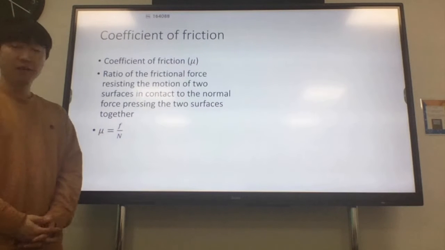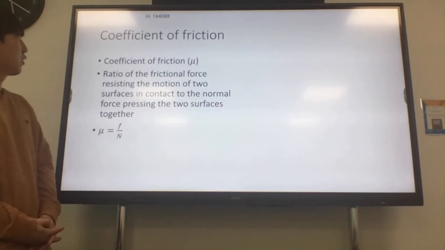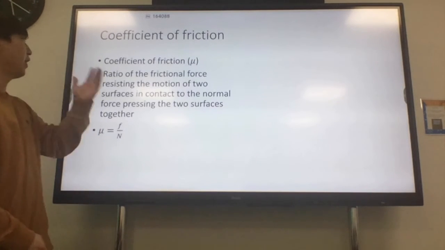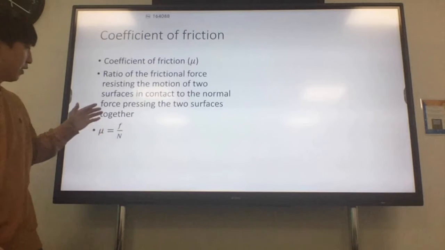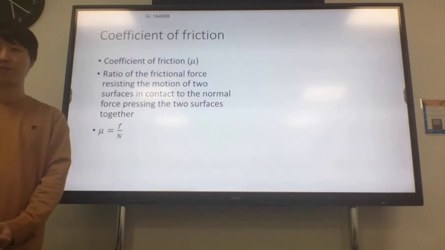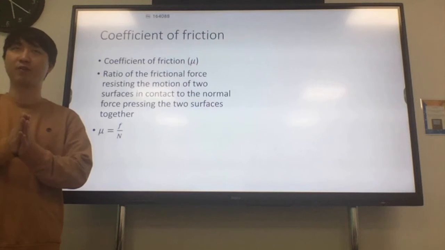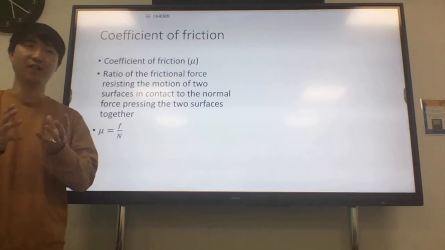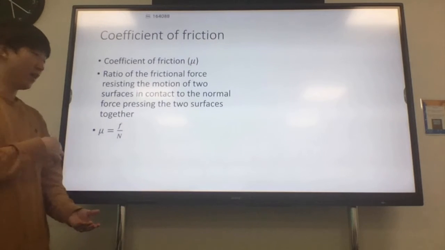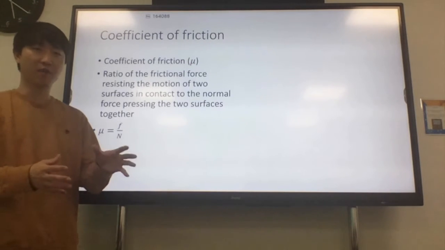All right. Let me tell you more about the coefficient of friction. Technically, it is the ratio between friction force and normal force, like this. To make it simple, it's a constant that tells you how easy it is to move the object.